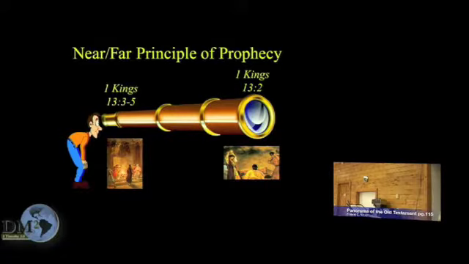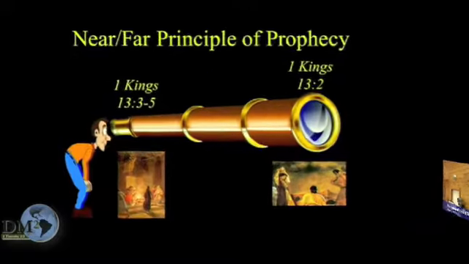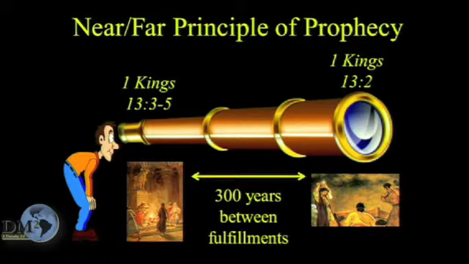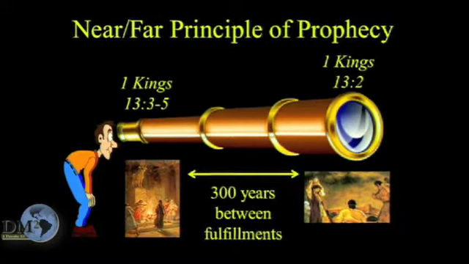First, he gave the far one, and then he gave the near one. This one was fulfilled literally. That one will be fulfilled literally. I mean, it has been, but from where we are in the text, it hasn't yet. But it will be, and of course, it has been. Now, there were 300 years between fulfillments. But the only way to know it's fulfilled is for it to be literally fulfilled.